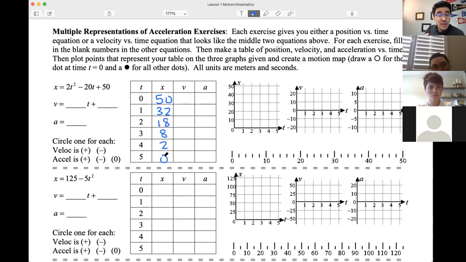So I'm plugging in the numbers for distance or position. Now how are we supposed to calculate velocity based off of those numbers? I'll plot the points while you think.